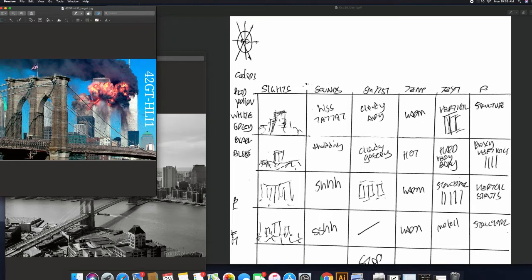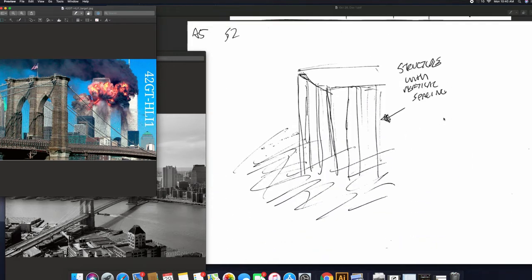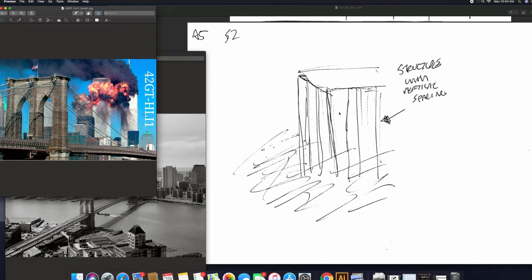Here I had visuals of structures, sounds of hissing and tat tat tat sounds, cloudy, airy textures, smells and tastes, warm. I had a texture of these vertical spaced elements on a structure, and I blew it up right here. This is a larger representation of what I saw in that probe.